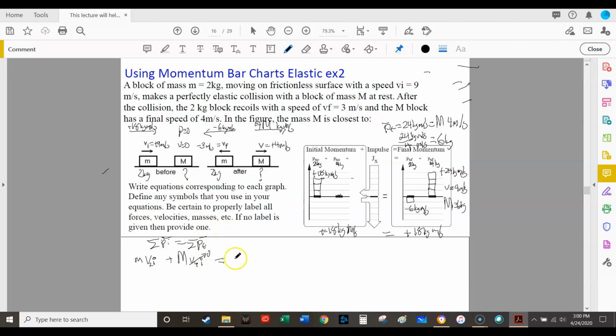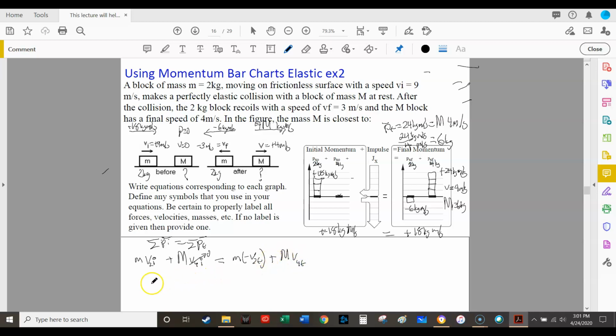Well, after the impact, the 2 kilogram object has a negative final velocity, and the massive 4 kilogram object has a velocity that is positive.